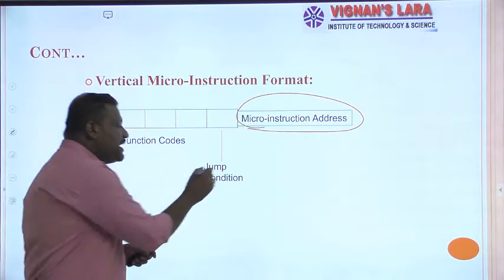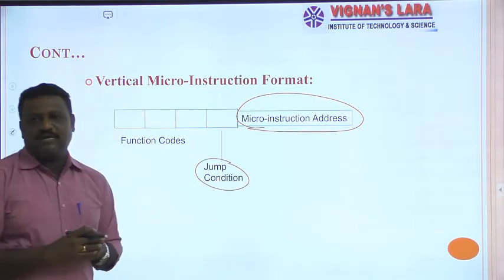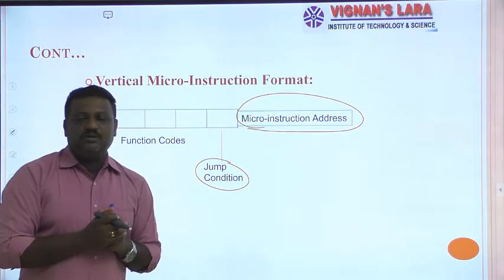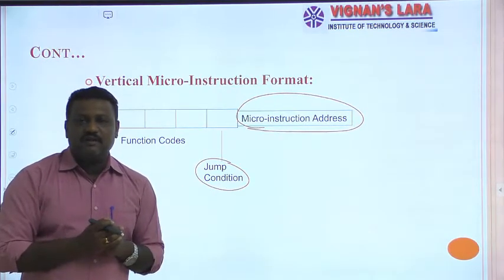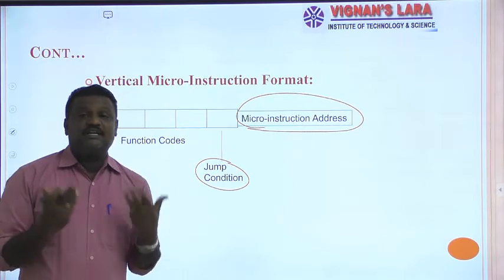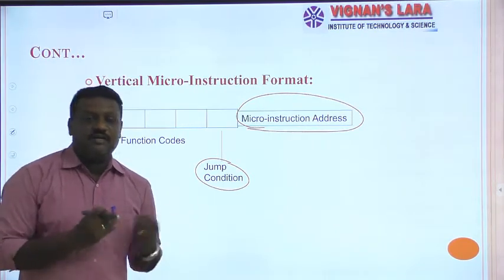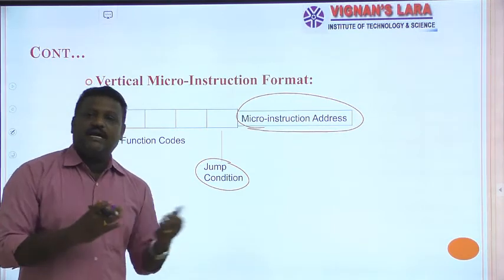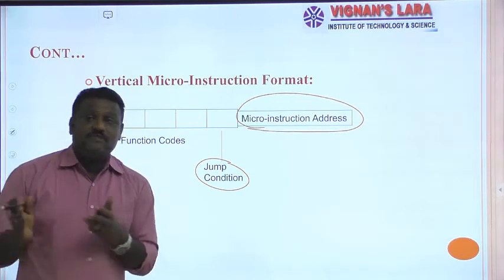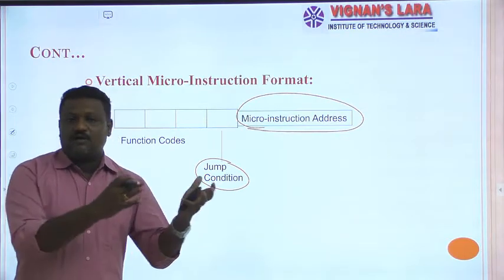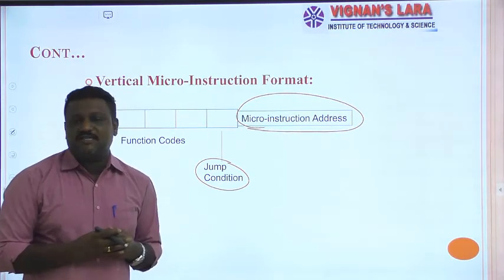In addition to that, each and every instruction has a jump condition. Because once you refer to a micro control unit for generation of control signals, the control signals are generated based on different information. I consider the conditional codes, the IR information, previously executing instruction information, and some other control signals received from an external bus.